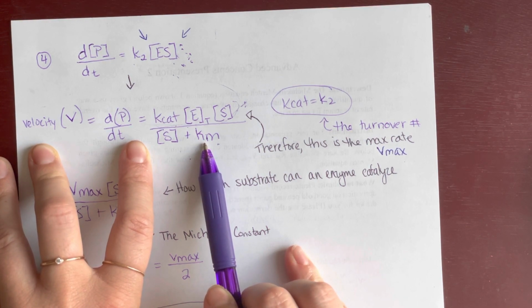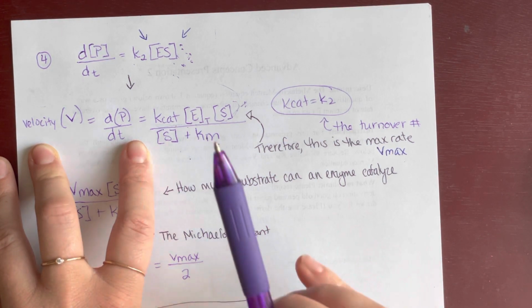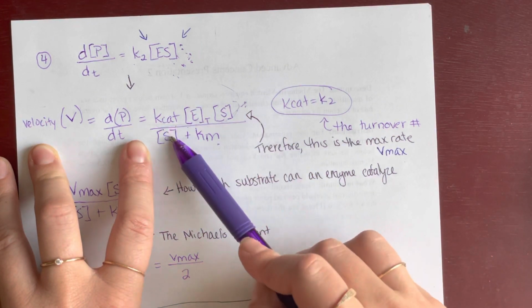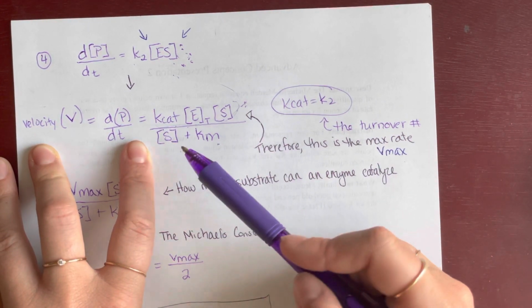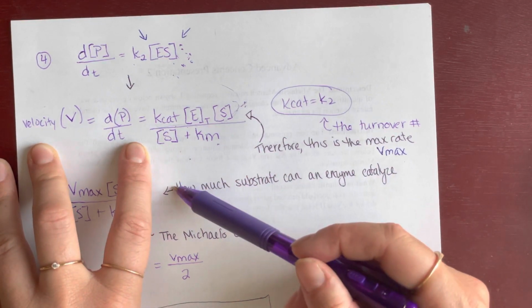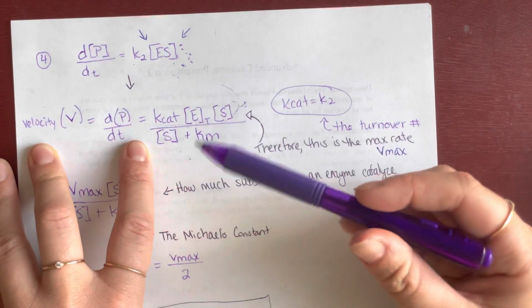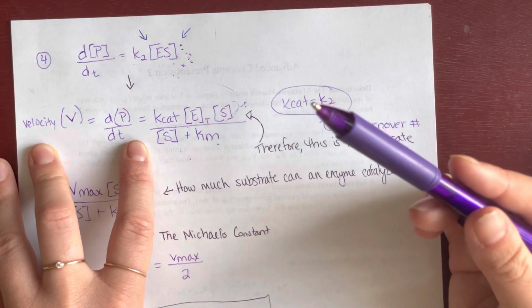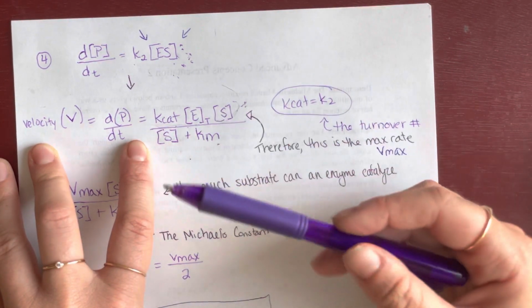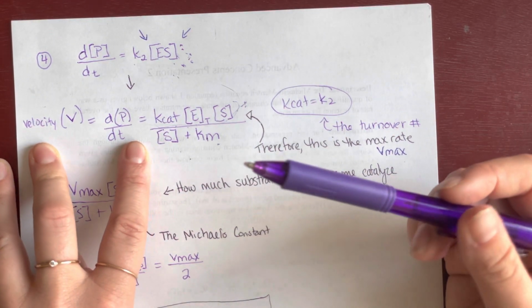The turnover number, kcat, is the maximum number of molecules of substrate S that an enzyme can convert to product per catalytic site per unit of time. Or in other words, how many substrate molecules an enzyme can work with per second.